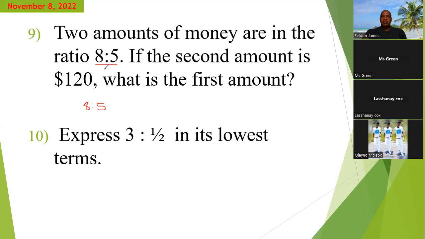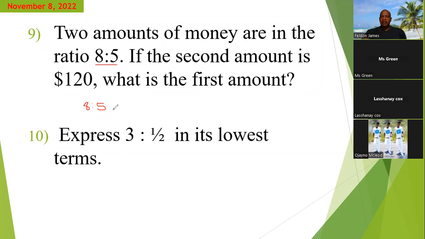Then what is it that we have now? We have 2 amounts of money and they are to share in the same ratio as 8 to 5. They are given the second amount to be 120 and the first amount we don't know. So we're trying to find the first amount. So we're going to represent the unknown with X. So how are we going to write this?